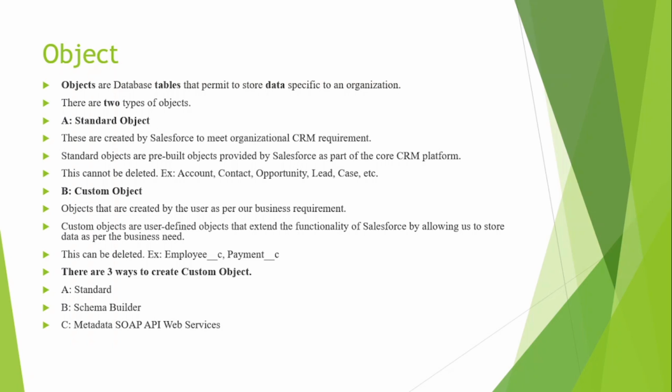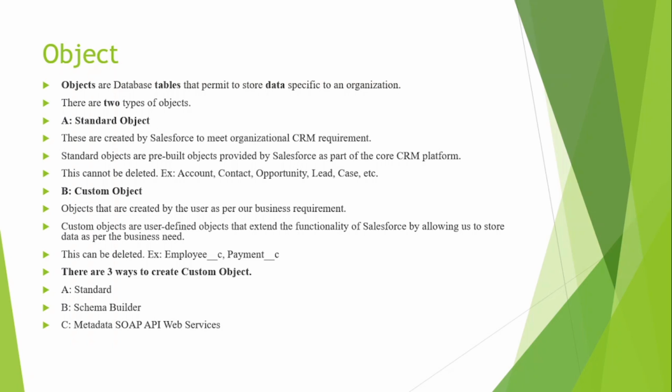Like account, contact, opportunity, lead, cases. These types of objects are created by Salesforce, and we can't delete them. Second one is custom object. These are objects created by the user as per our business requirement. Custom objects are user defined objects that extend the functionality of Salesforce by allowing us to store data as per the business need.